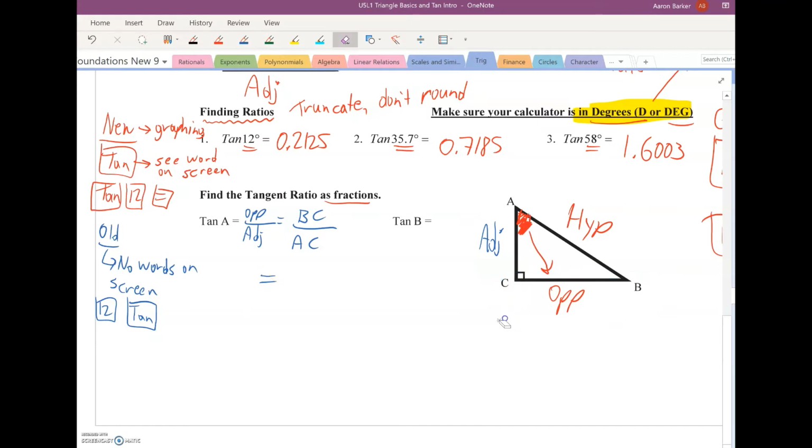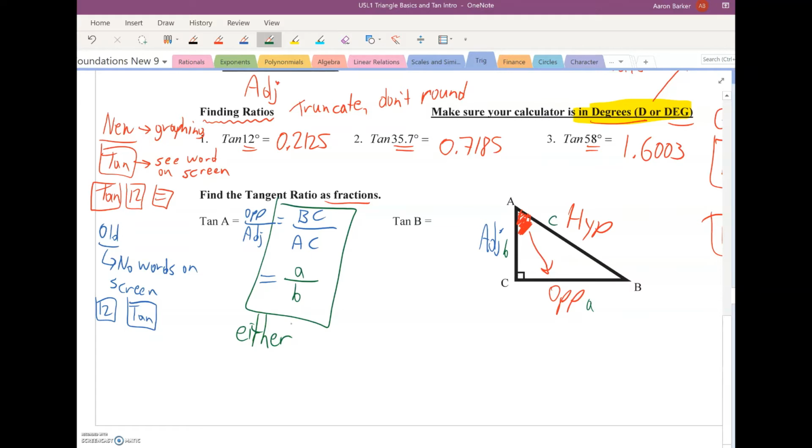What would be your lowercase letters? Well, let's label it. If this is big C, the opposite is little c. This would be little a because it's opposite capital A. And this would be little b. So using the lowercase letters, you could say A over B. All right? Either one is fine. And most of you, since you're given the capitals, you're probably just going to label it using the capitals.